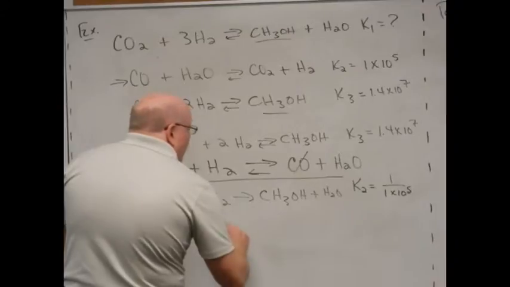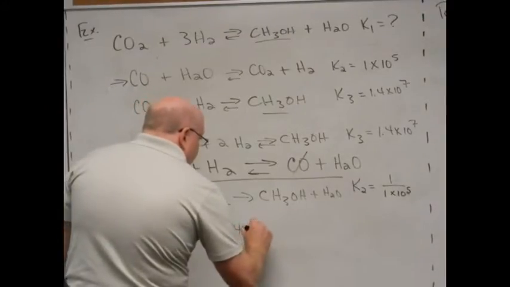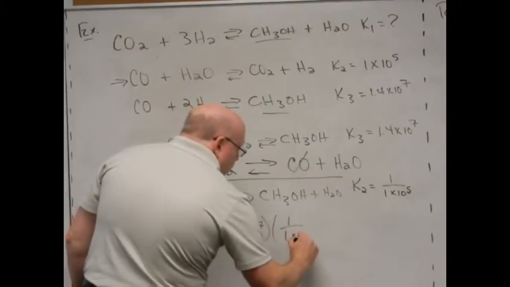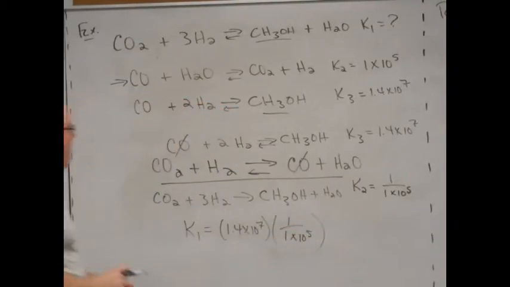First one, 1.4 times 10 to the 7th, multiplied by the second, 1 over 1 times 10 to the 5th. When I do that, the new equilibrium constant is 140.